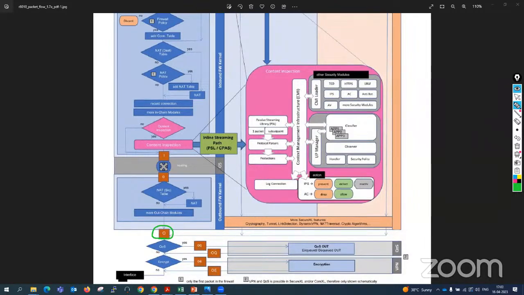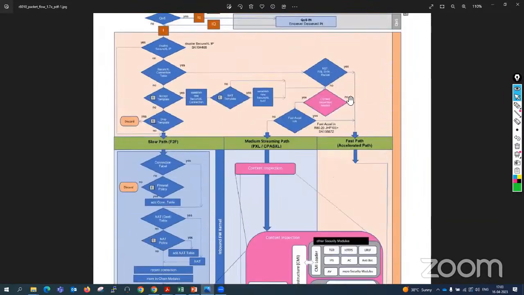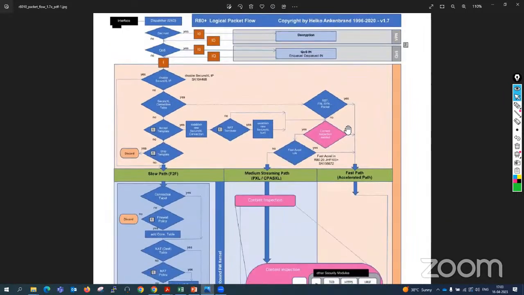Now, the point of explaining this is that I wanted to make you understand. Can you see this section from here to here? This one.